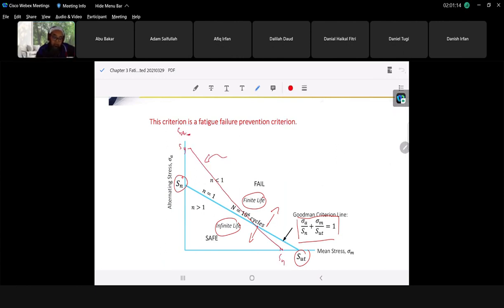We should design our product, or our shaft, to have infinite life, so it should be under this line. By calculating sigma a and sigma m, we can calculate the safety factor.